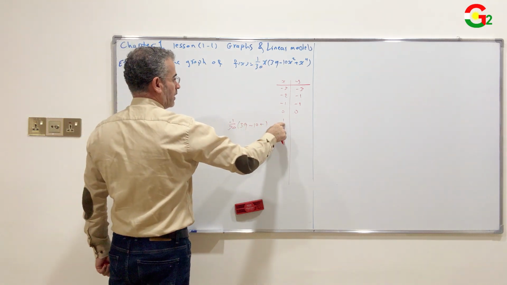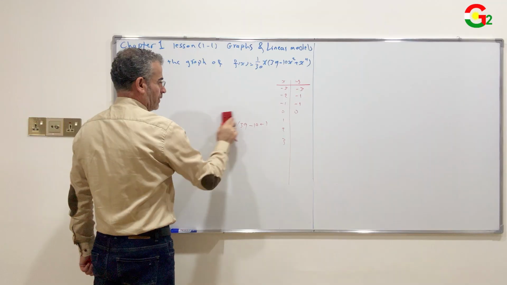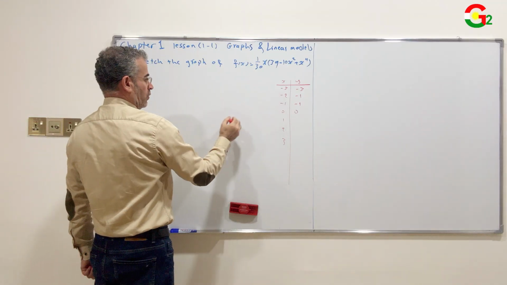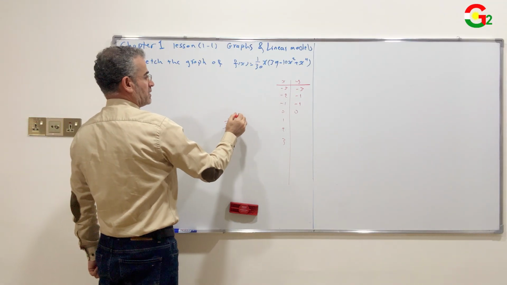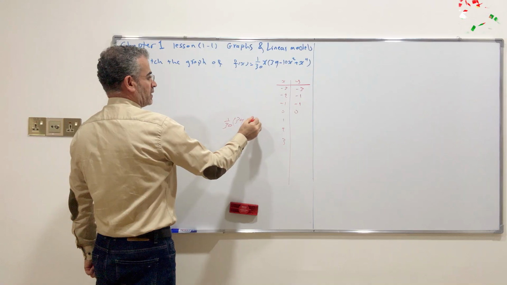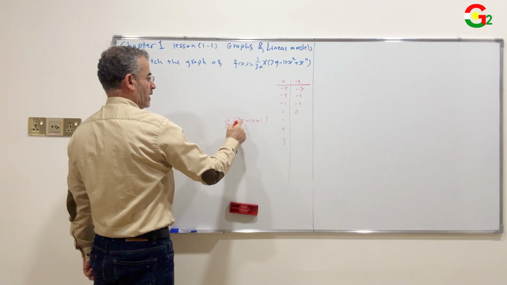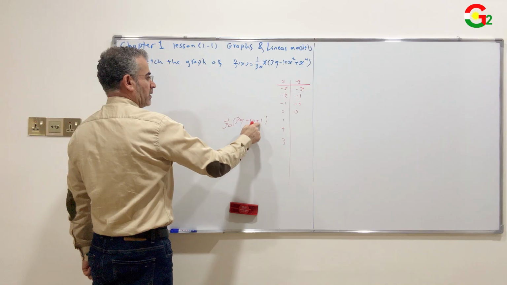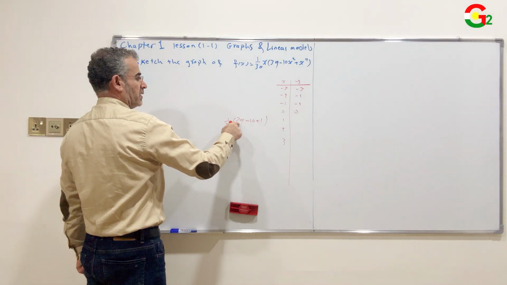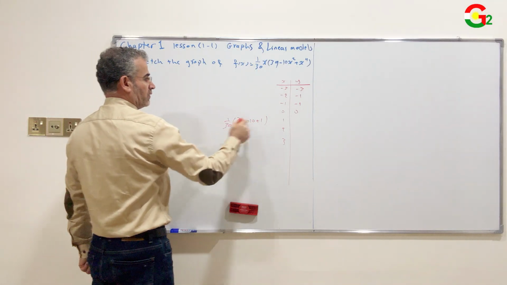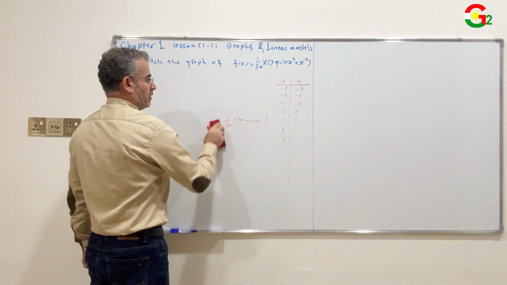When x equals 1, then 1 over 30 times 39 minus 10 plus 1, negative 10 plus 1, negative 9, plus 39, 30 over 30, 1.